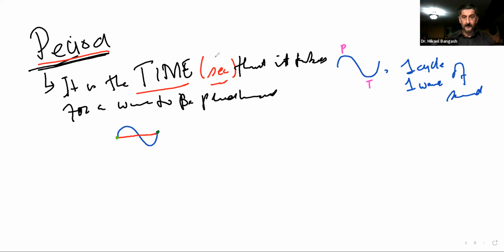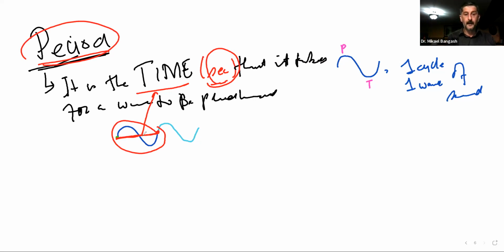Now, let's say it is being followed by another wave. Clear? The time from here to here, or from the beginning of one wave to the beginning of the next wave, when measured using a unit of time, is going to be the period of this wave.